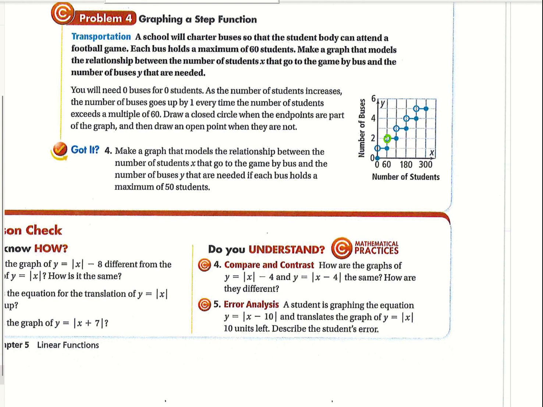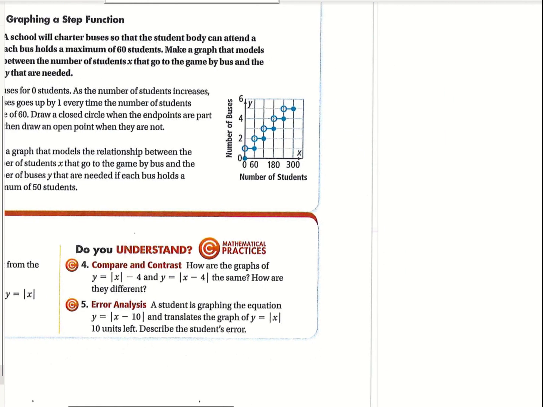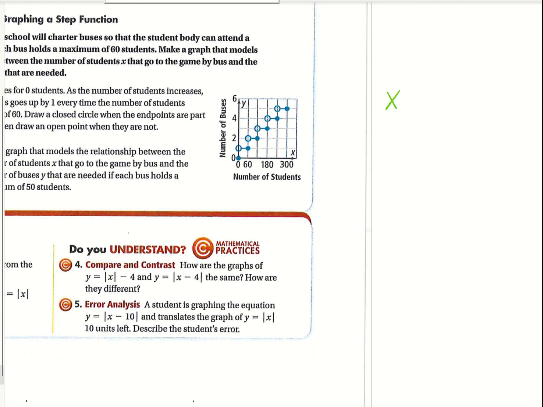Okay, you'll notice that that is when x is greater than 60, or number of students is x, by the way. When x is greater than 60, we need 2 buses. Okay, which is why there's an open circle, because this right here does not have the equals sign on it.